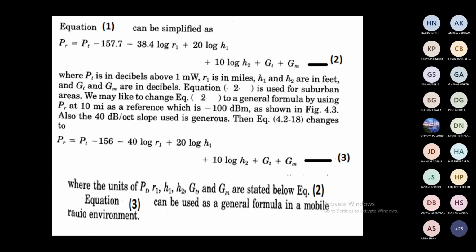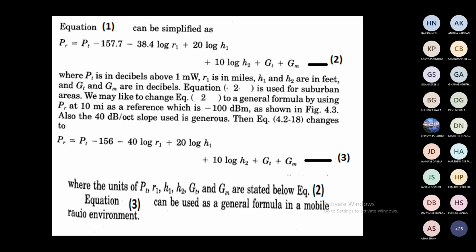To simplify the above equation, PR is equal to PT minus 157.7 minus 38.4 log R1 plus 20 log H1 plus 10 log H2 plus GT plus GM. Here PT and PR are in decibels, R1 is in miles, H1 and H2 are in feet, and GT and GM are in decibels.